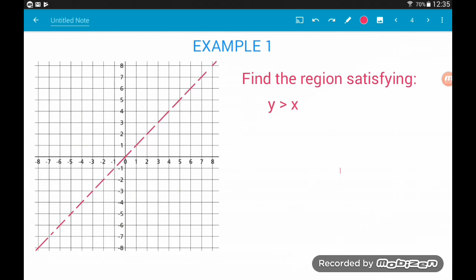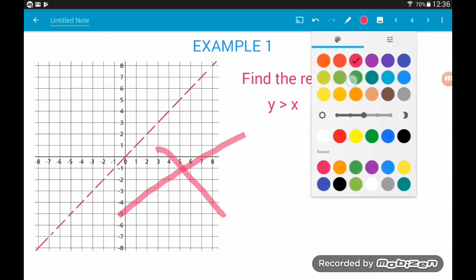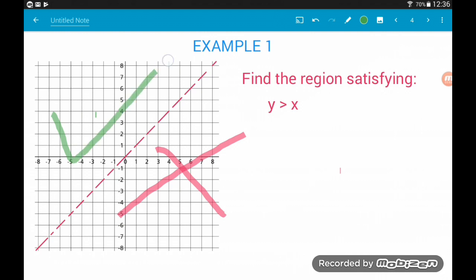We want the region where y is greater than x. Everywhere on the line, y is equal to x. So we don't want the region below the line, because y is less than the value on the line. What we do want is the region up here above the line, so we want everything up there.